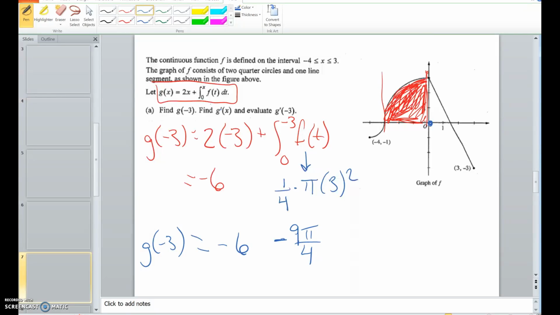So to find g prime, we just need to take the derivative of g of x. So I'll do that over here. So when I am going to take the derivative of g, the derivative of 2x is just 2. So g prime of x equals 2. And then now here's where we're going to use the second fundamental theorem of calculus.